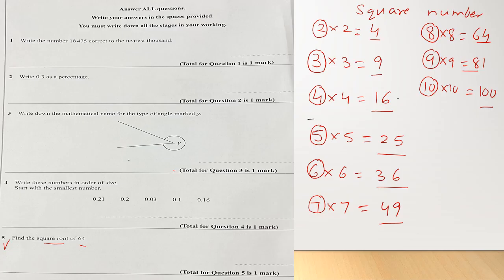These are called square numbers, and these are called square roots. Now our question was find the square root of 64. You can see where the square number 64 is. 64 is here. Can you see? So the square root is 8. So you're going to write your answer: 8. Right?